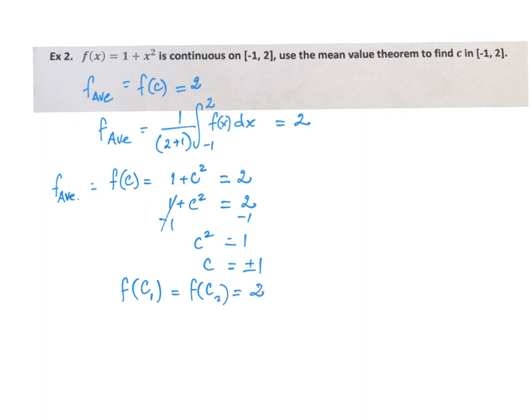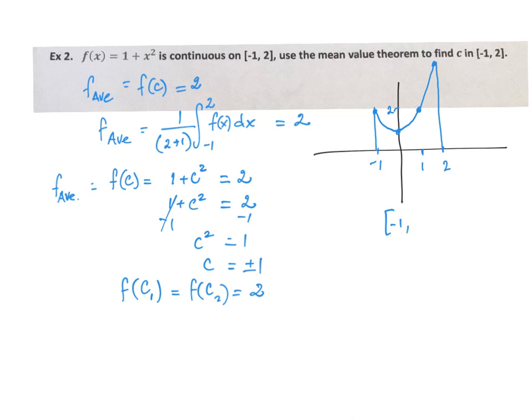So let's take a look at the function f of x equals 1 plus x squared. When x is -1, y is 2, and when x is 1, y is also 2, and when x is 2, y is 5. We're looking at the area under the curve, or between the interval from -1 to 2.